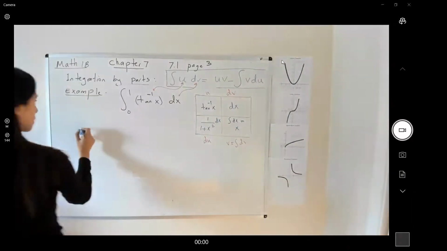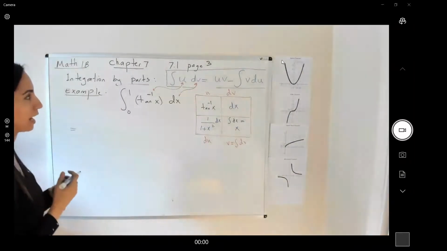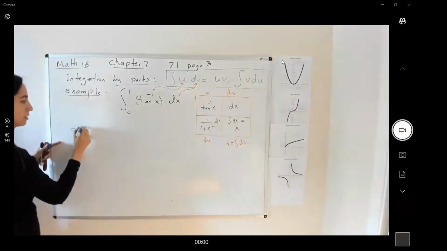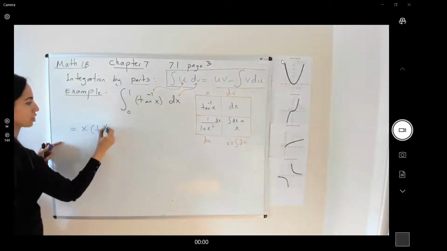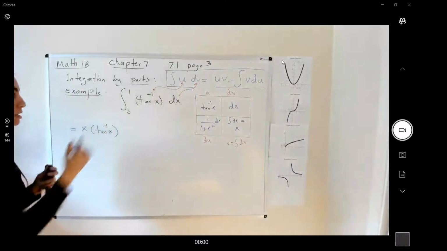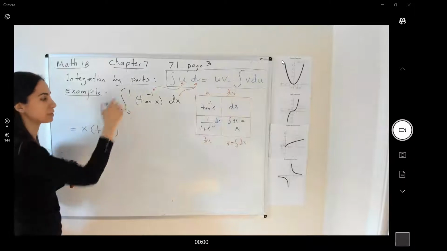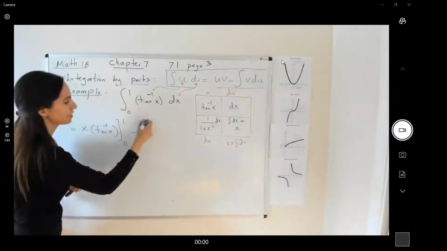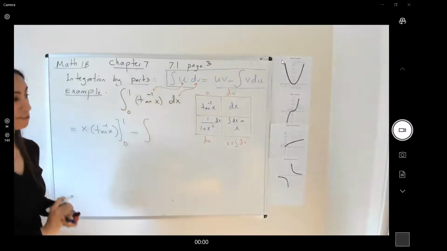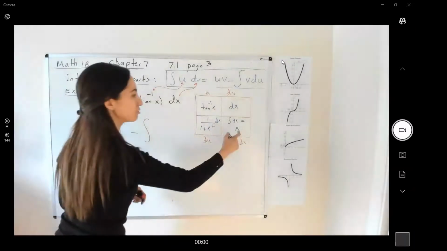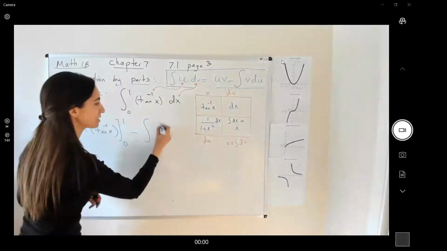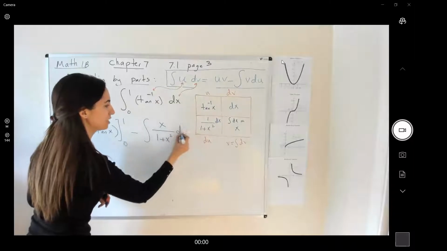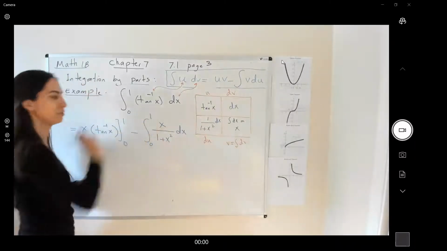Okay, let us follow the formula. Here we have u times v, x times inverse tangent of x. Remember that your x ranges from 0 to 1, so 0 to 1, minus the integral of v du, x dx divided by 1 plus x squared, from 0 to 1.